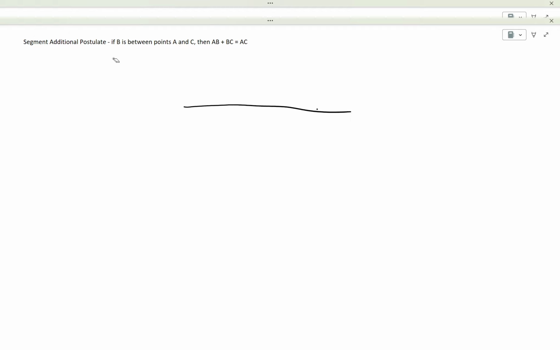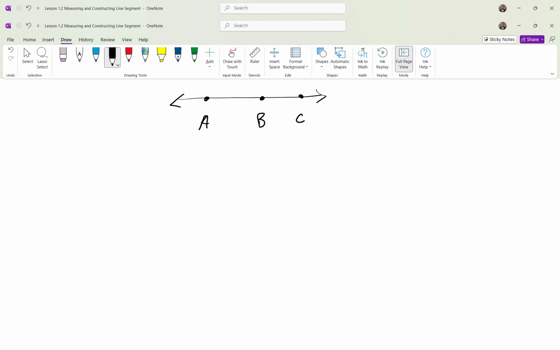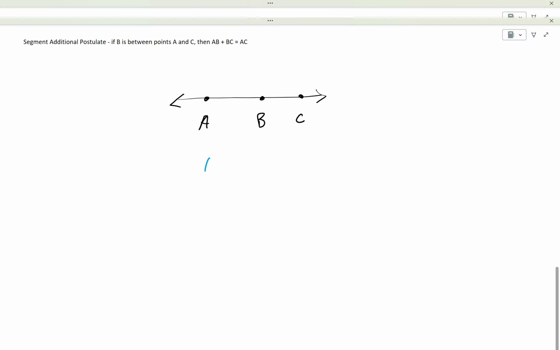Ooh, goodness gracious. I don't have my software fixing my straight lines just yet. So I have A and C, but then I have B in between them, right? What it says is that we have AB and BC are going to be equal to AC.